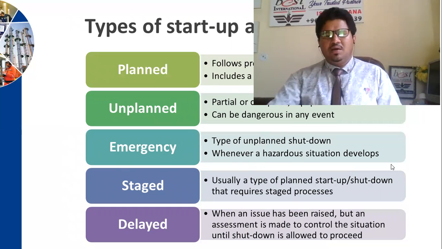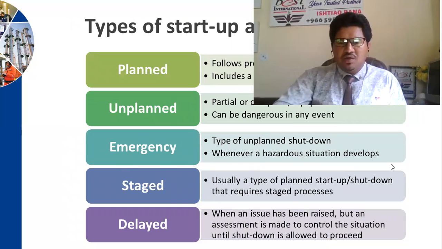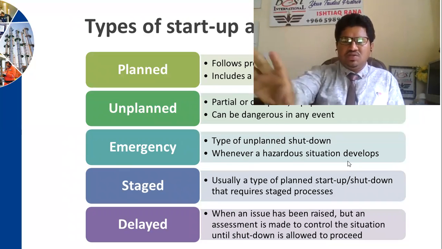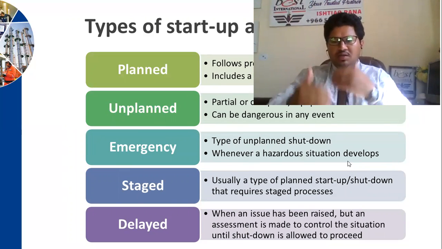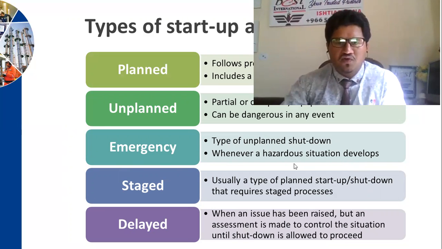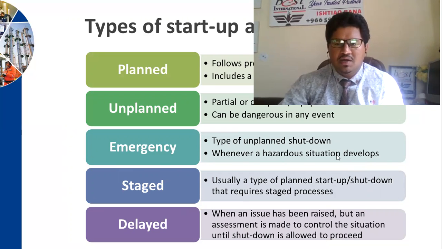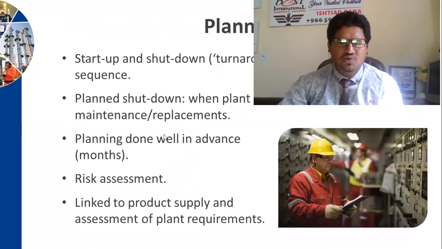Staged is usually a type of planned startup or shutdown that requires a staged process, like today this is stage 1, stage 2, stage 3, 4, in sequence and steps you go for startup or shutdown. Delayed is when an issue has been raised, but an assessment is made to control the situation until shutdown is allowed to proceed. So delayed shutdown or startup could also be there.